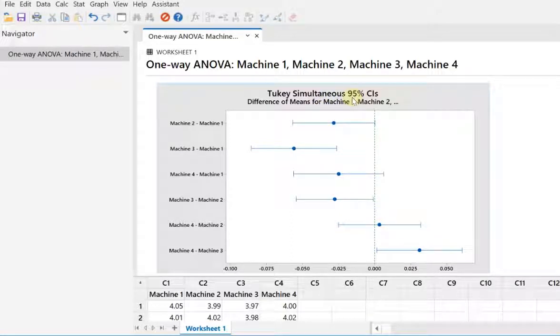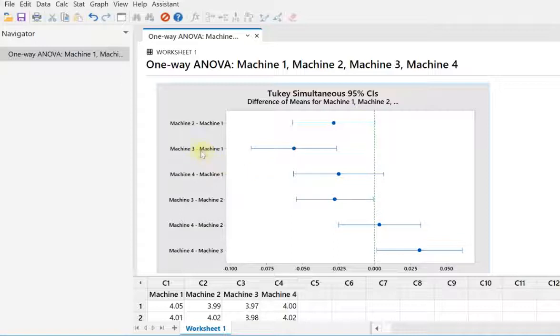So we are 95% confident that collectively the differences between the means are from here to there, here to there, here to there, and so on. So this is 0. 0 means no difference in the means, right? That's why you have this red line at 0, no difference. So this one is touching the 0. So machine 2 and 1, they're no different.